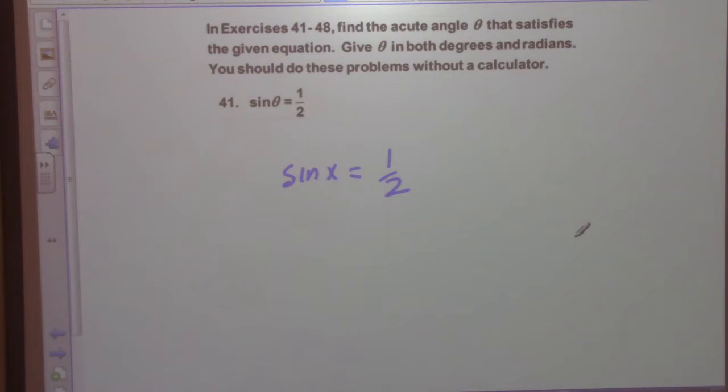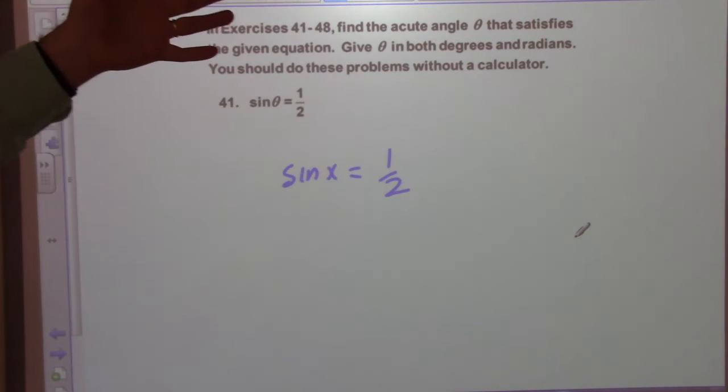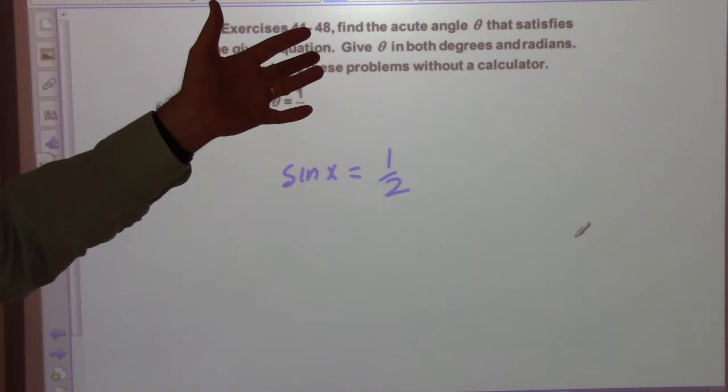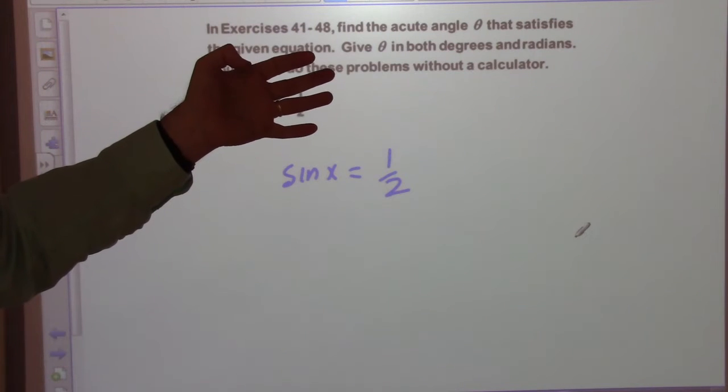Now, all these in 41 through 48 are without a calculator and their acute angles, so which angles do we have to be talking about then? Lower than 90. And which particular angles? 0, 30, 45, 60, 90.